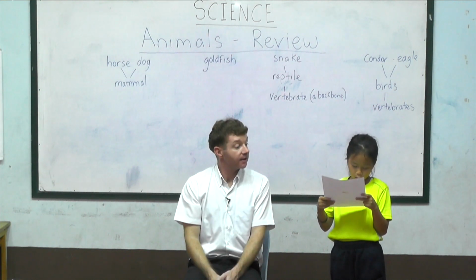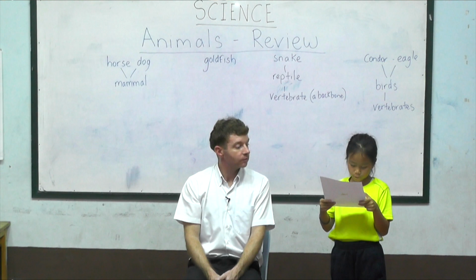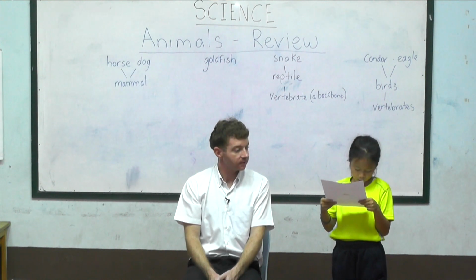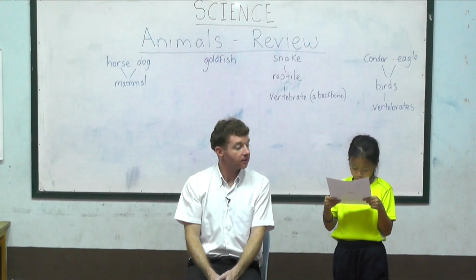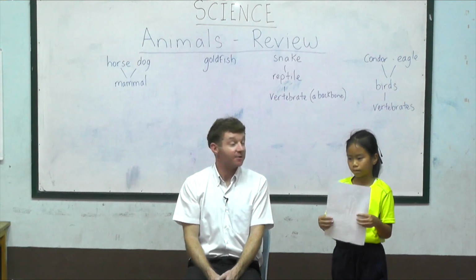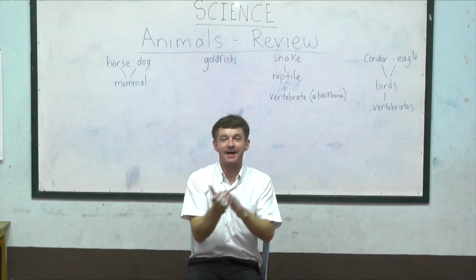It is a vertebrate because it has a backbone. Goldfish have one fin and one tail. My goldfish is the color gold and yellow. Brilliant. Prel, that was excellent. High five and a big round of applause for Prel, please, guys.